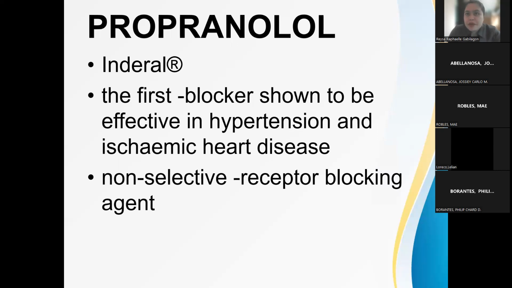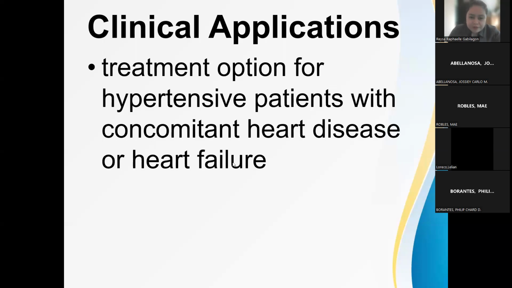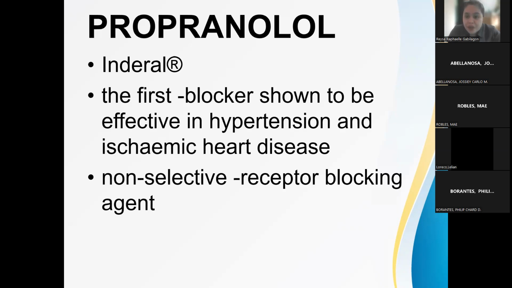So aside from being a drug for heart failure or for patients with heart disease, this can also help in lowering the blood pressure of a hypertensive person. That is again due to their blocking activity to the beta-1 receptor that will result to the decrease in the heart rate, in the force of contraction, and that means there will be decrease in the cardiac output.